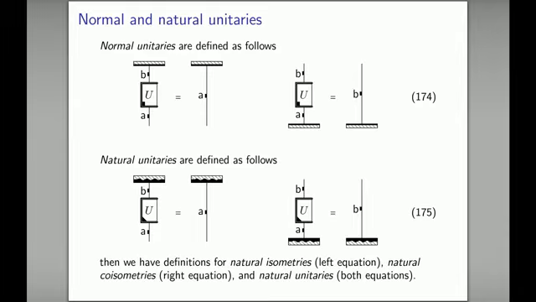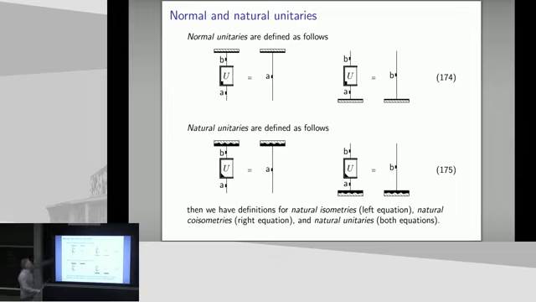Then I kind of alluded to this earlier. You can use these mirrors to set up the unitarity conditions. So if you imagine reflecting this out, you have a unitary followed by the normal vertical adjoint of the same unitary.